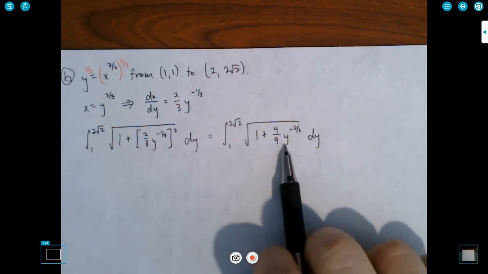If I do a u substitution, I'm going to get du equals negative 8/27 y to the negative 5/3, which is not nice at all.